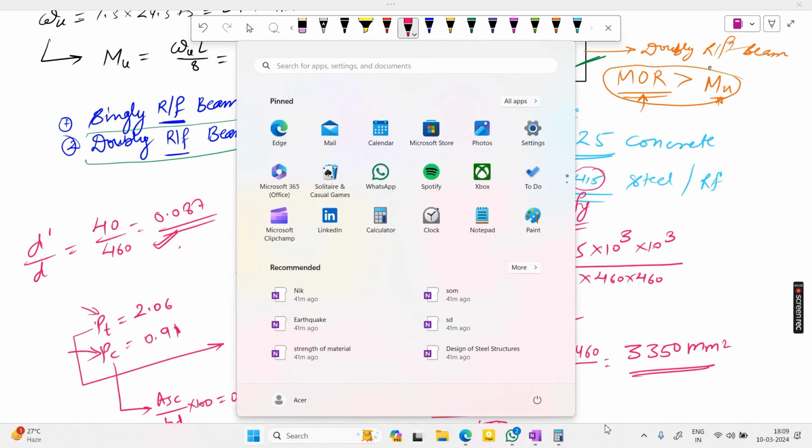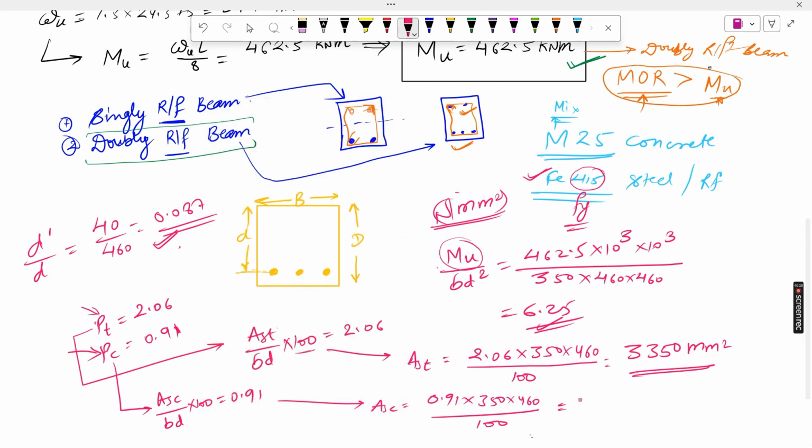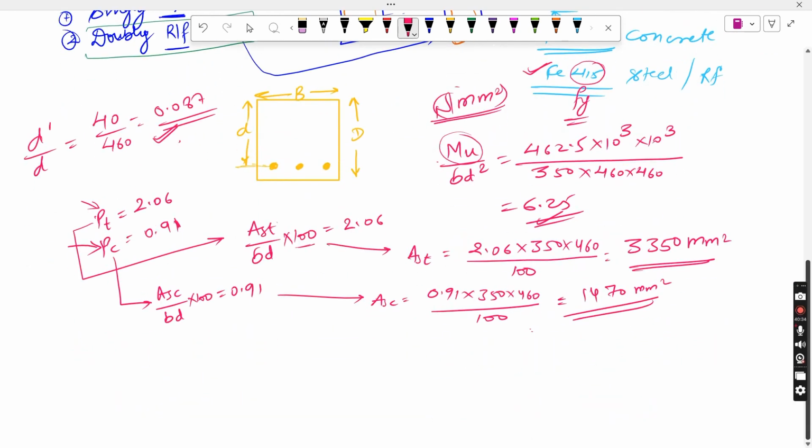Now the second value, ASC: I just divide by 2.26 and multiply by 0.91, which gives about 1460, so I take 1470. So these are the values of AST and ASC.